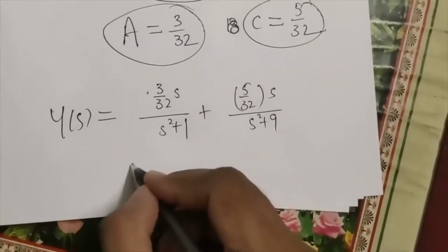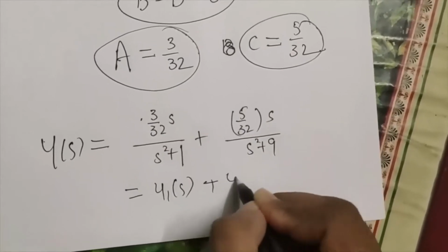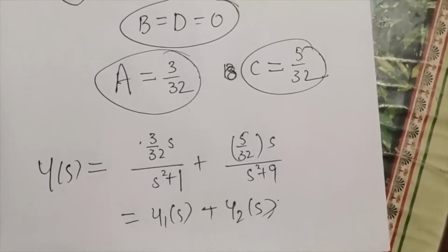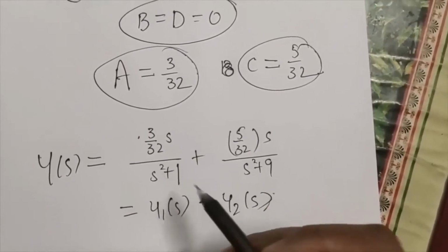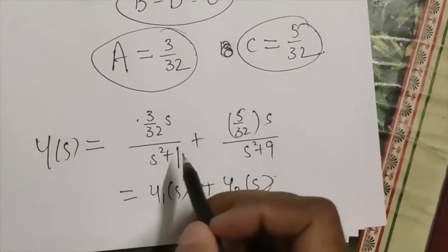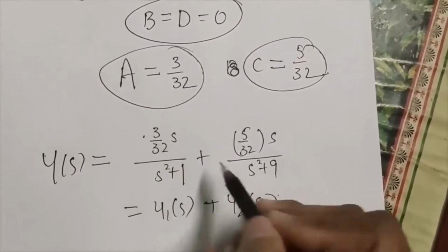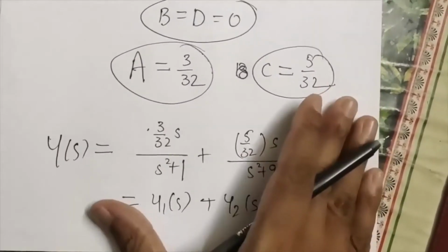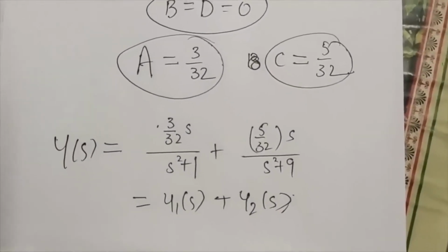So this I'll consider as y1 and this I'll consider as y2. Both the terms are neither in the form of Cs nor 1 by Ls. Since both the terms are parallel combinations of L and C, let us make both the numerators 1.